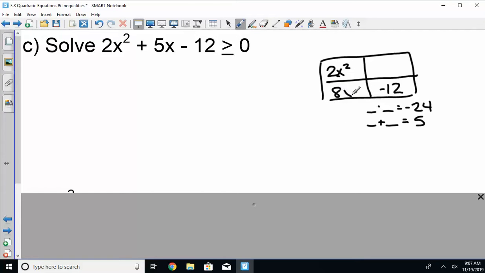Negative 3. So factor 2x squared and 8x, you can take out the 2x. Negative 3x and negative 12, you can take negative 3. 2x squared minus 3x, pull out the x. 8x minus 12, take out a 4.